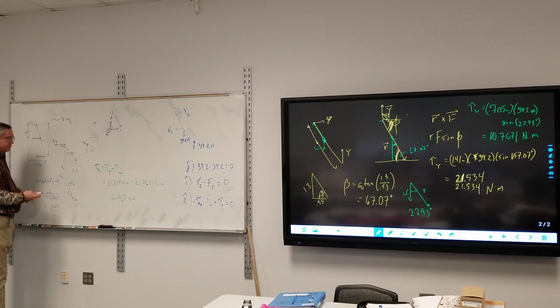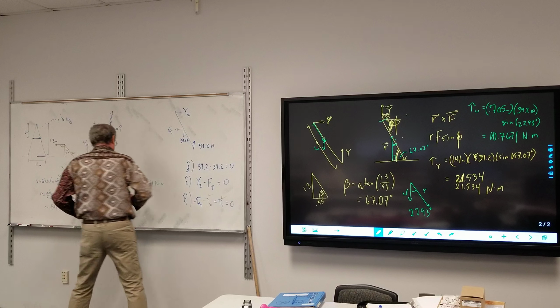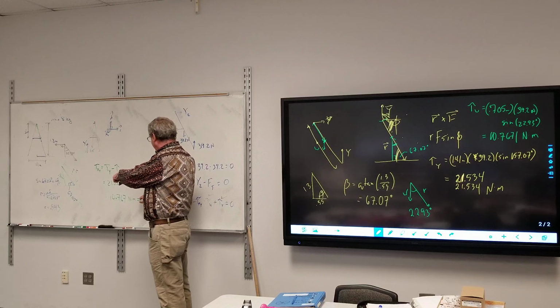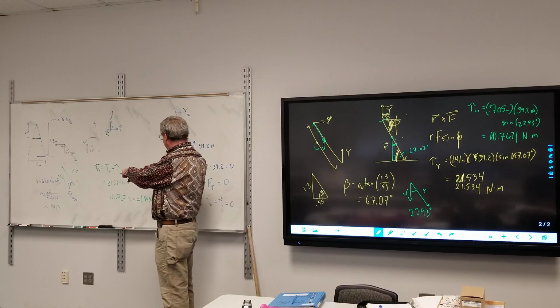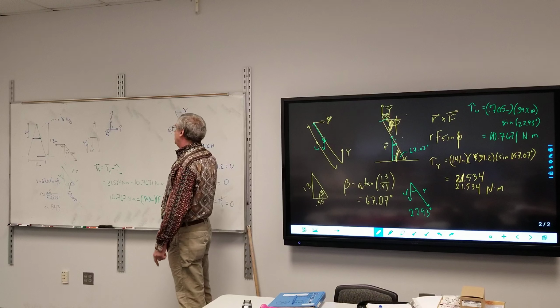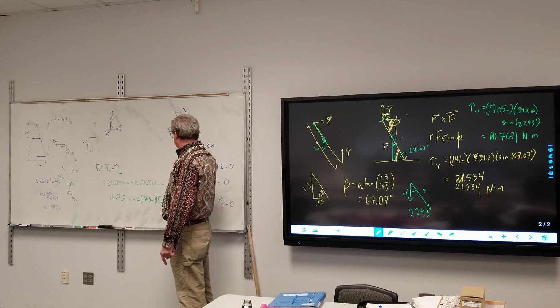So this torque from the tension is going to be equal to R, which we just found, 0.543 meters, times the tension, times the sine of 112.97.